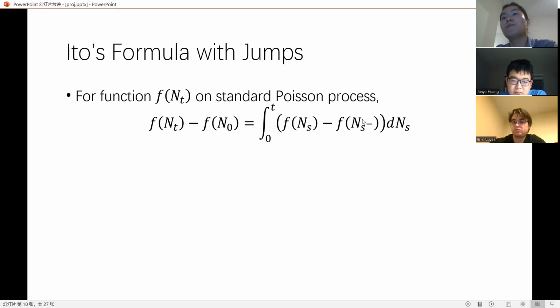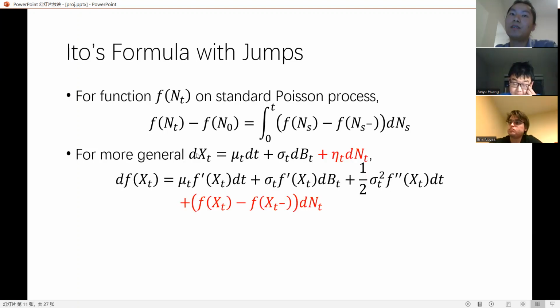This difference is 0 if N_s is continuous at s, and when N_s is not continuous, there is a jump, so this difference counts the jump in the function value f. So the integral is actually a sum of these jumps. For a more general Ito process, the Ito formula has a similar form as we learned in class, but it has an additional term to count the sum of jumps. Again, for a more general form, look at our appendix.